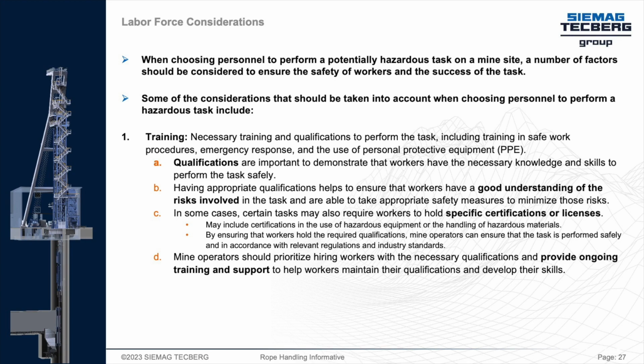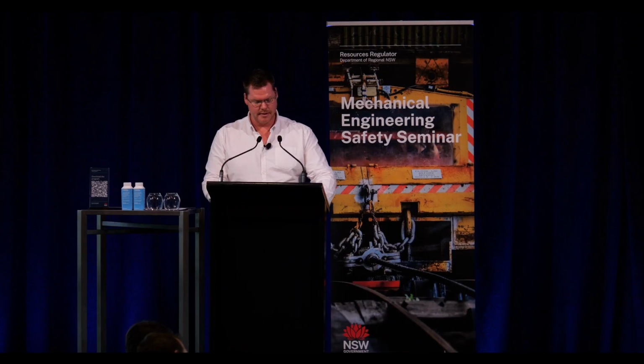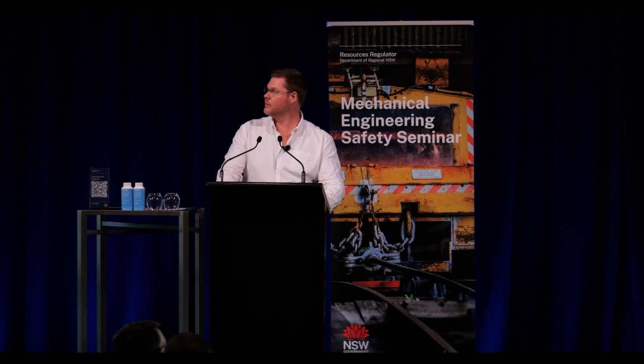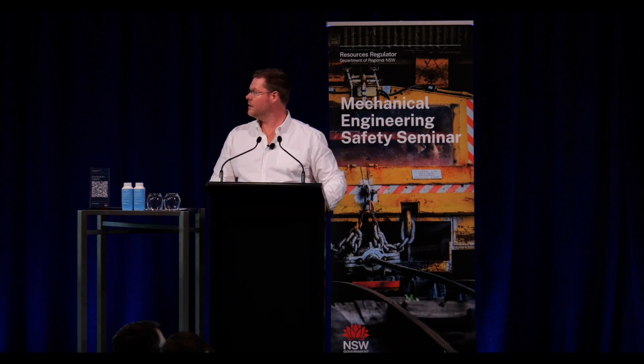Our labour. So training, necessary training and qualifications to perform the task. We need to make sure that we have the right qualified people, that they have undergone training, that it's frequent training and often refreshed. Presentation before was a great example of supervisor training.